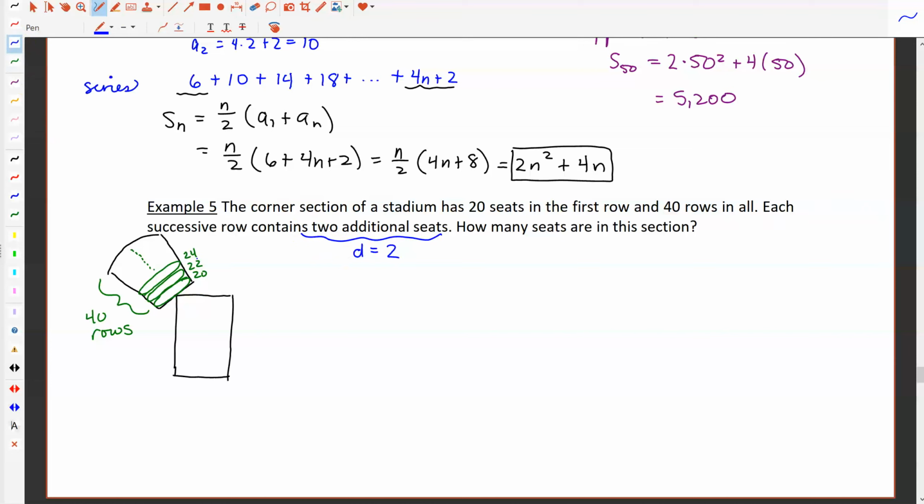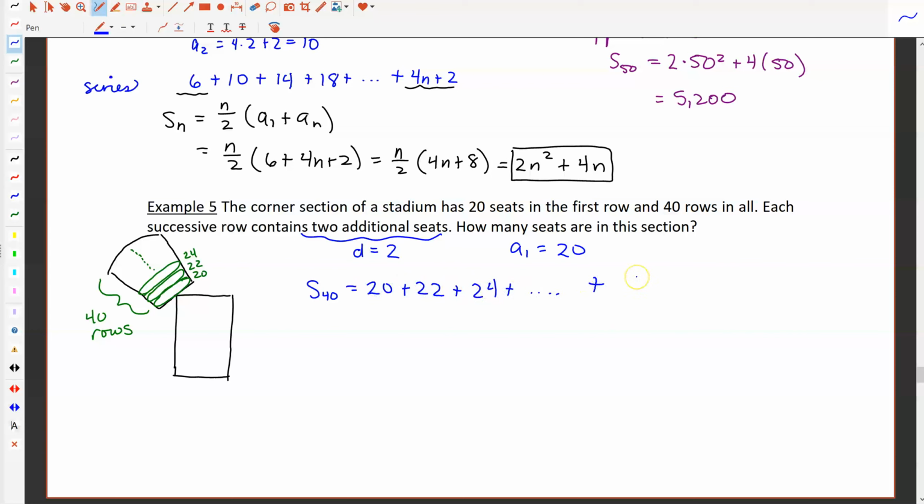And we can also see right here that the 20 seats in the first row tells me what my a sub 1 is, or the starting point in my sequence. Now if I look at what information I'm given, I'm going to be summing through 40 terms where my first term is 20. Each term after that goes up by 2.